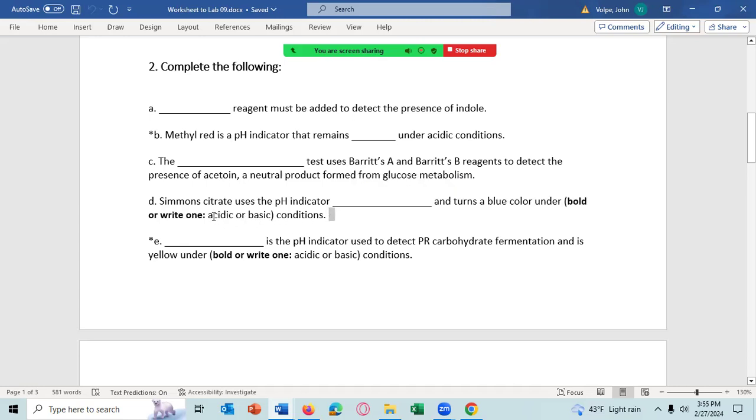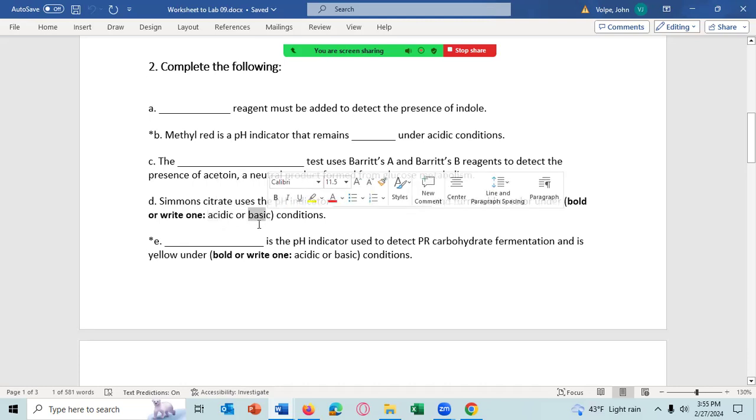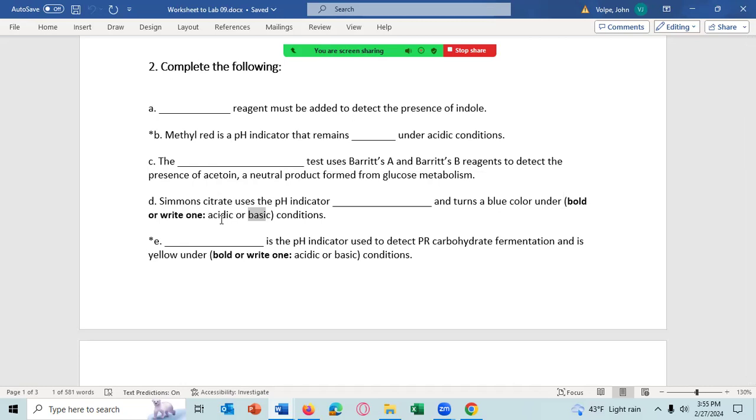You could also bold acidic or underline acidic or bold basic and underline basic. So whatever your answer is, you must make it clear. And do note that on 2D, you do have to answer 2 parts to this question. What the pH indicator is, and then at what conditions the indicator turns blue, either acidic conditions or basic conditions. Any questions about 2D?